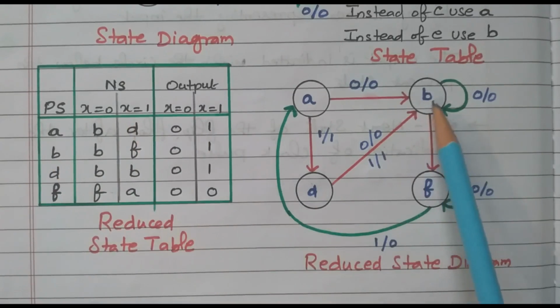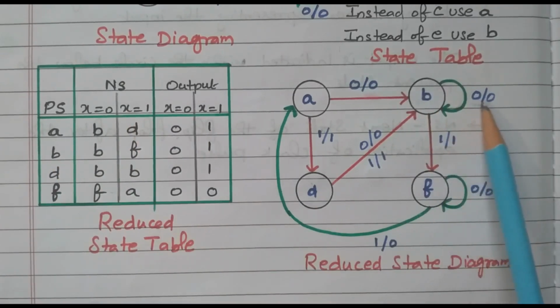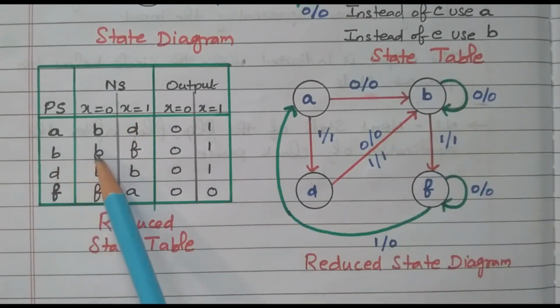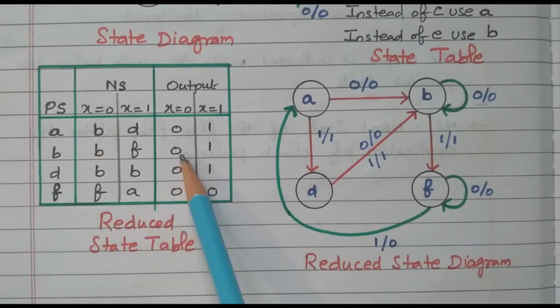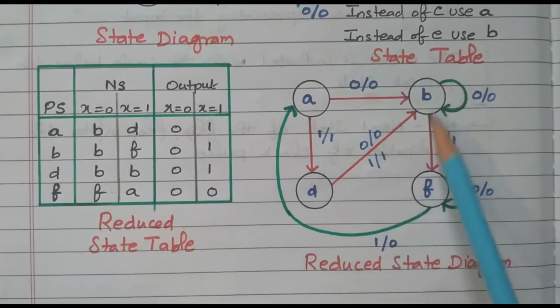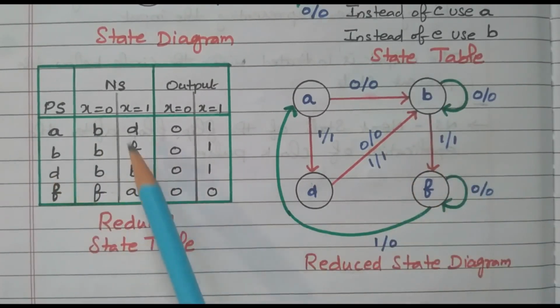We will go to B. B goes to B itself when input is 0, output also 0, right? B goes to F when input is 1, output also 1, right?